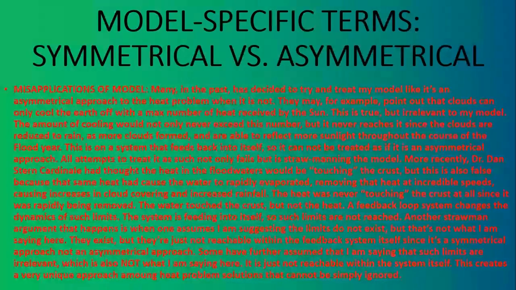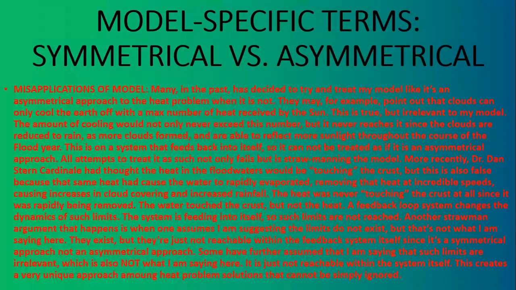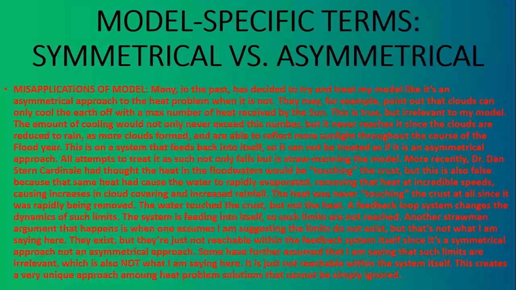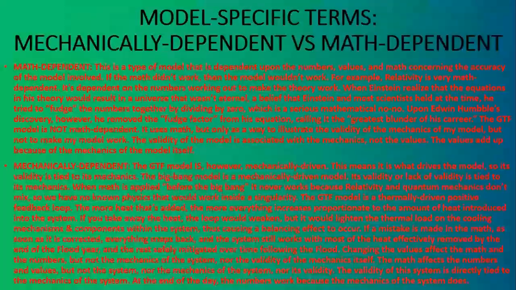Some have further assumed that I am saying such limits are irrelevant, which is also not what I am saying. It is just not reachable within the system itself. This creates a very unique approach among heat problem solutions that cannot be simply ignored, although people do quite often.